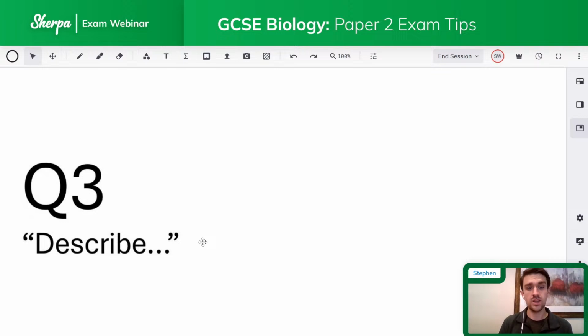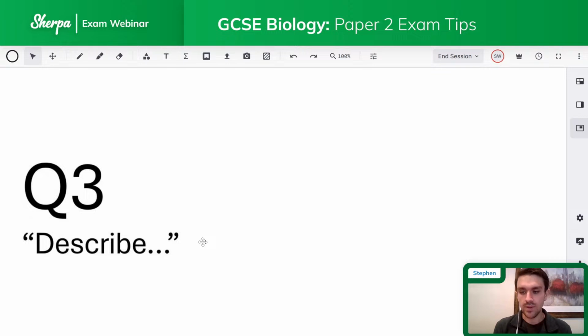A Punnett square question is always one to remember. I can't remember the last time I've seen a paper without one. They're very common to be tested on, so make sure you can answer that question. In recent years, they've been making those Punnett squares 4 or 5 mark questions rather than 2 or 3. They're trying to get more out of you, so do be aware of that.